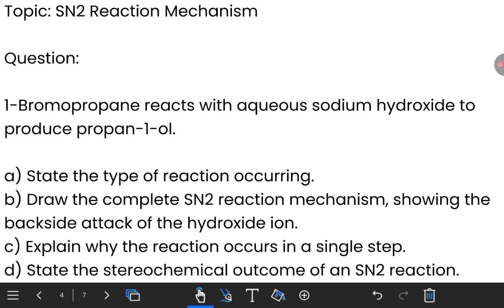It is quite tricky to answer these questions without understanding the concept of SN1 and SN2. So it is essential for us first to understand the concept and know the difference between SN1 and SN2, then get back to these questions so that we can answer them and ace these exam questions.